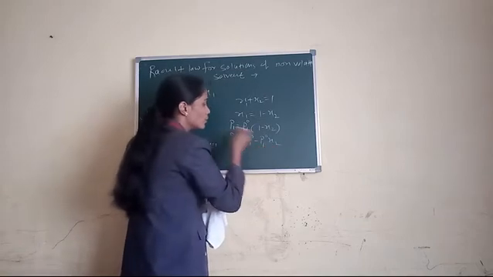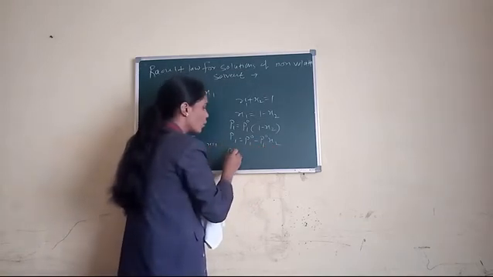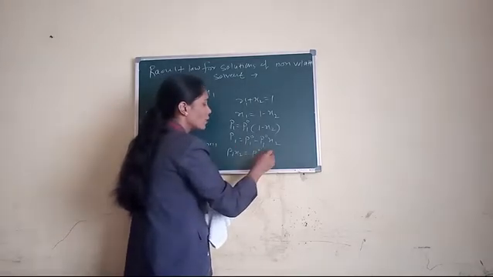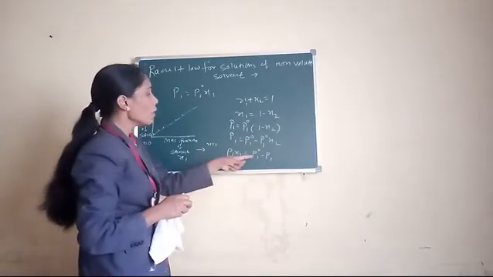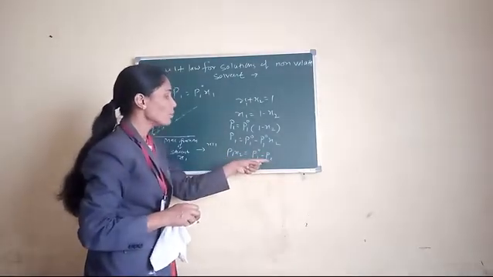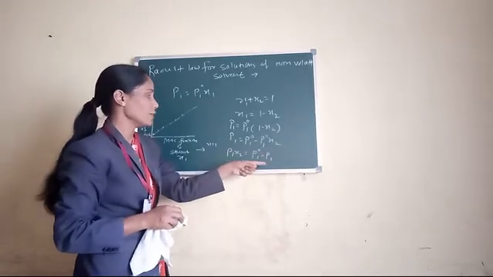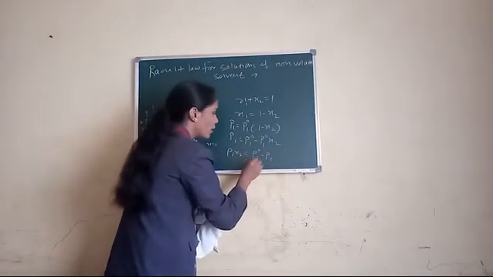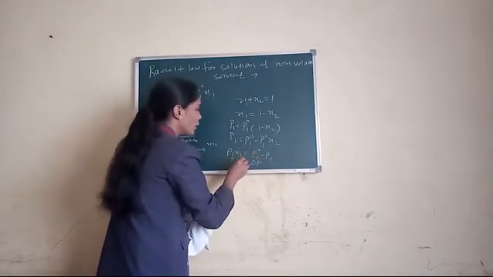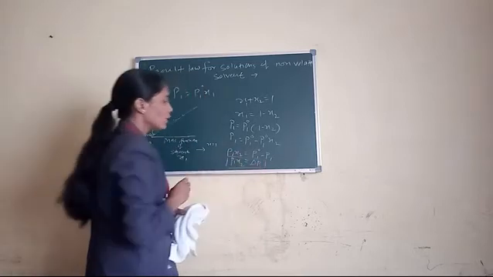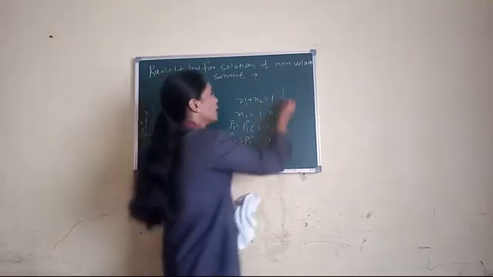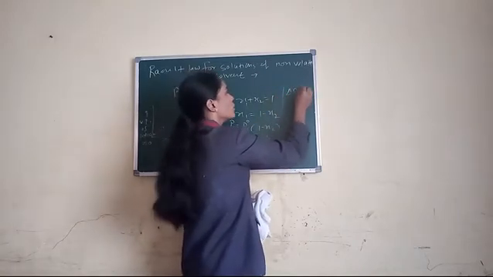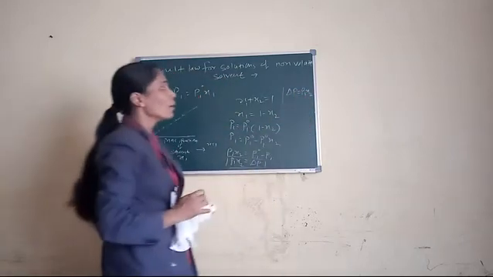Shifting the negative quantity to the other side, P1 naught X2 is equal to P1 naught minus P1. P1 naught minus P1 means delta P, the lowering of vapor pressure. So delta P, the lowering of vapor pressure, is equal to P1 naught X2.